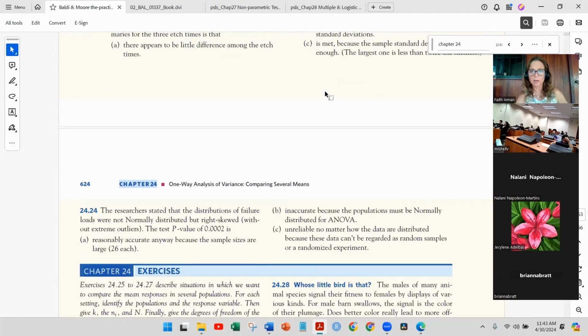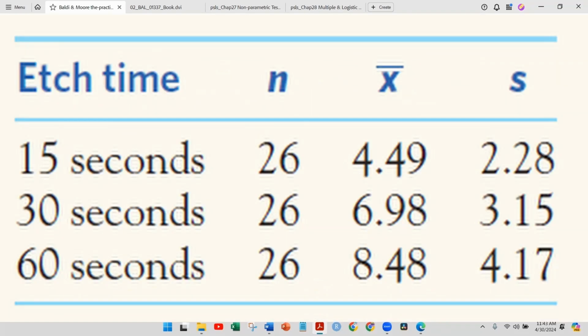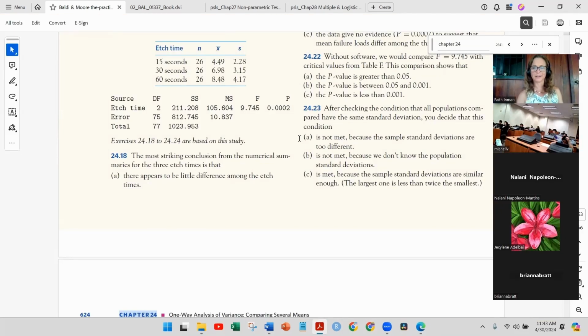One more thing you also want to pay attention to that comes from this table is looking at the standard deviation. So looking at the standard deviations, we have 2.28, 3.15, and 4.17. Remember, the rule of thumb is that the largest standard deviation has to be less than or equal to twice the smallest standard deviation.